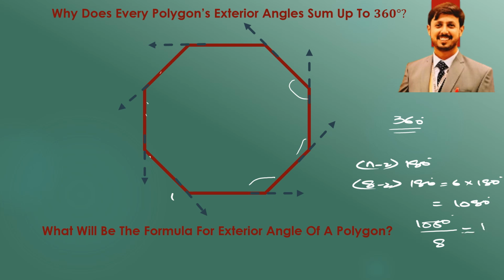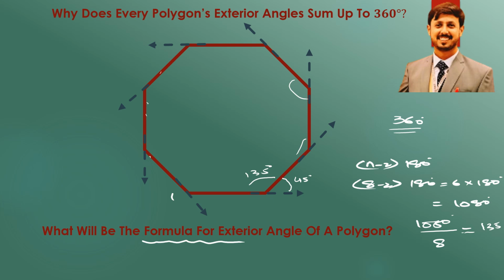It means the angle at each vertex is 135 degrees. So the outer angle, the exterior angle, is going to be 180 degrees minus 135 degrees, which is 45. This is the usual way. What we want is to generate a formula, the short way, so that we can easily get the exterior angle of a polygon.